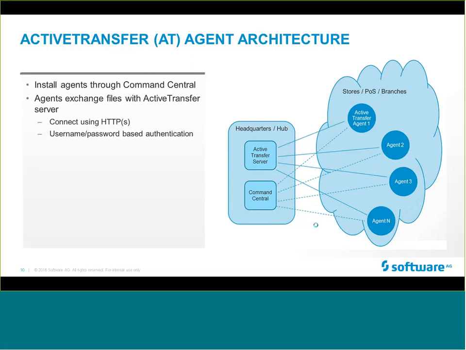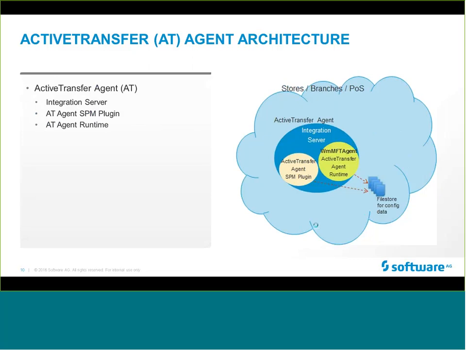At this point, we are primarily leveraging username password-based authentication to keep the connection secure. Now, if you look at the components that are part of the ActiveTransfer agent, the primary runtime we're leveraging is Integration Server. The other component is an SPM plugin specifically for the ActiveTransfer agent.